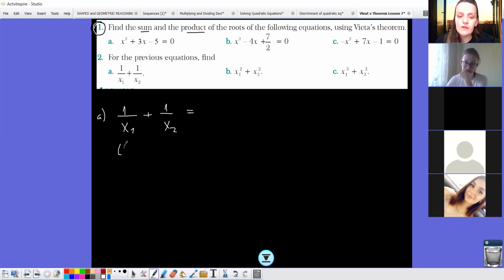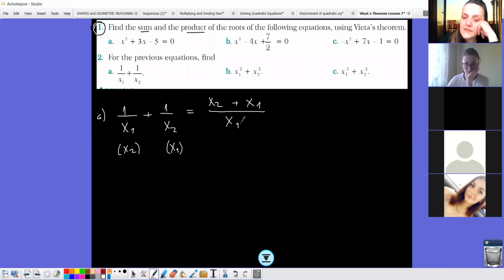So what I will do, I will multiply the first one by x2, the second one by x1. Then what I will get, x2 times 1 will be x2 plus x1 times 1 will be x1, over x1 times x2. So do I have, by Vieta's theorem, x1 plus x2 and x1 times x2? x1 plus x2 is minus b over a, and x1 times x2 is c over a.